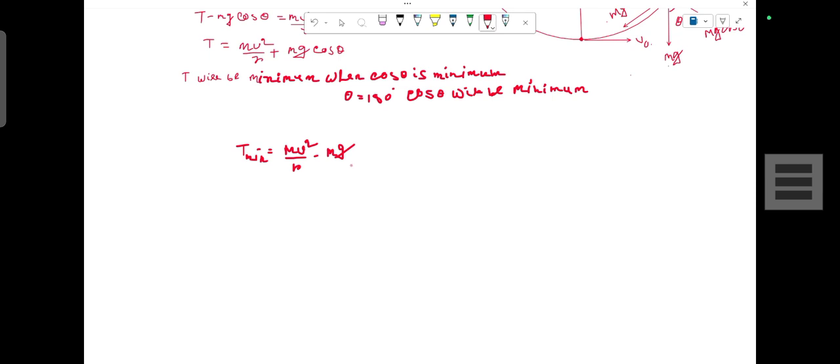Okay, now the body will move along the vertical circle only when T minimum is greater than or equal to 0. Only for this case the body will move along the vertical circle.